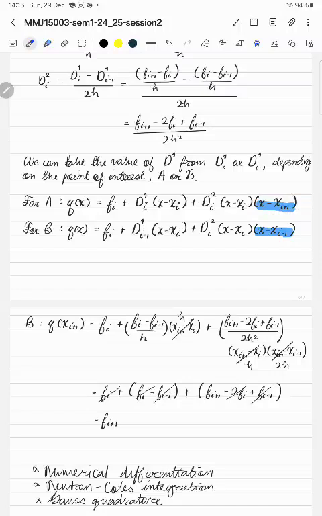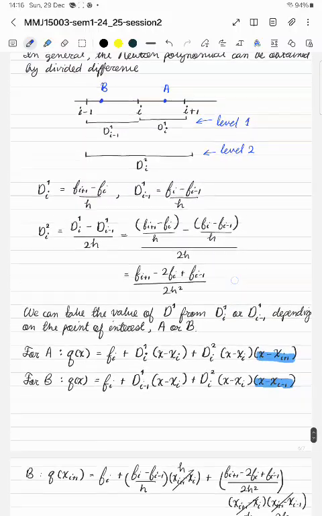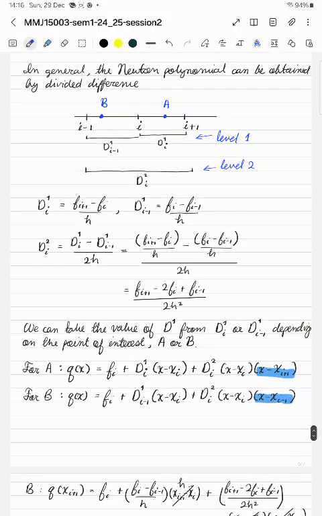Now, this is where, in our case, the physics is more important than the maths. So if we are looking to interpolate the point a, the best polynomial would be using the d(i) instead of the d(i-1).